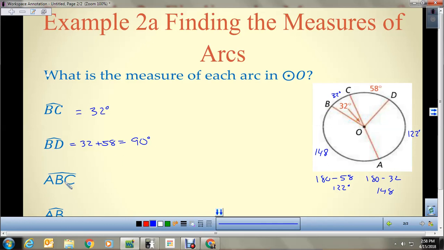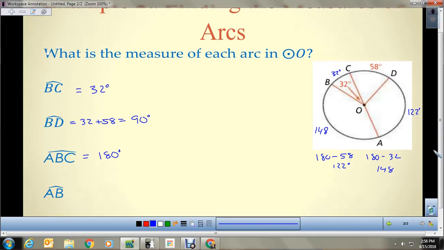Now we're going to look at arc ABC. So we have A to B to C. Now we just said that this was a diameter, so that means this is going to equal 180 degrees. And the last one, arc AB. Well, we found AB earlier by subtracting 180 minus arc BC, which is 32.